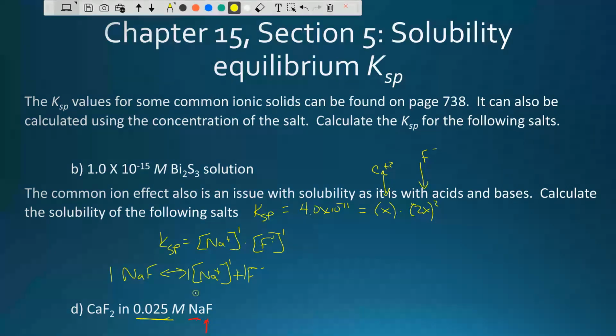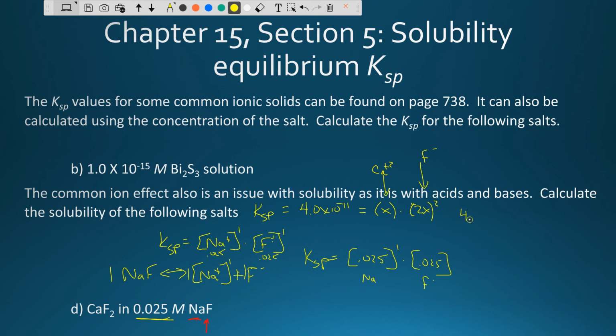Since this is a 1 to 1 to 1, if I have 0.025 moles of this, it means I have 0.025 moles of this. So it's 0.025 and 0.025. Now, who are we tracking? We're tracking the fluoride. So my KSP for this one ends up being 0.025 and 0.025. Again, this is going to be my sodium, and this is going to be my fluoride. Okay, so notice that I can combine all of these terms together.